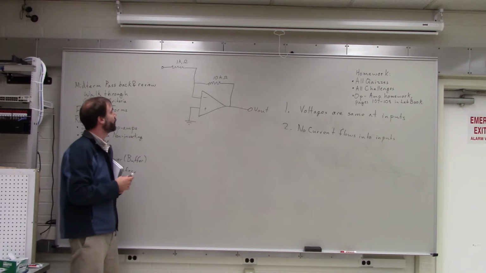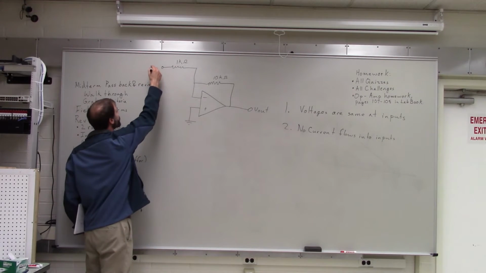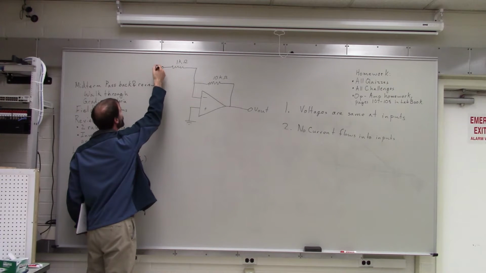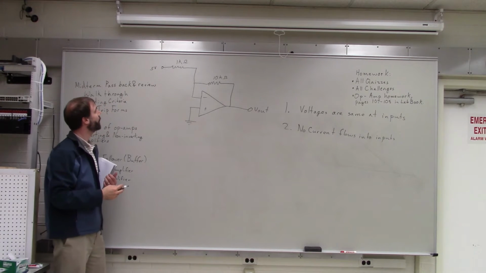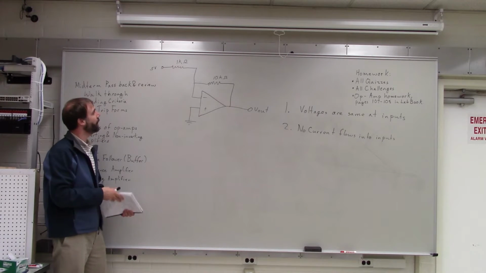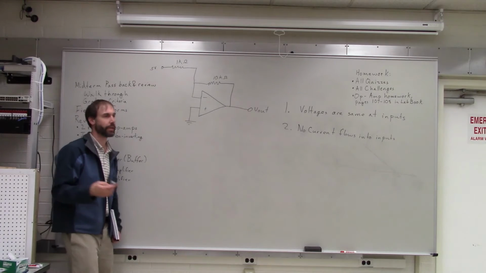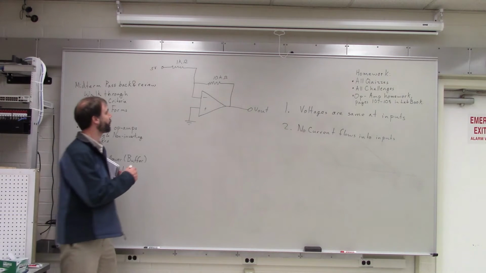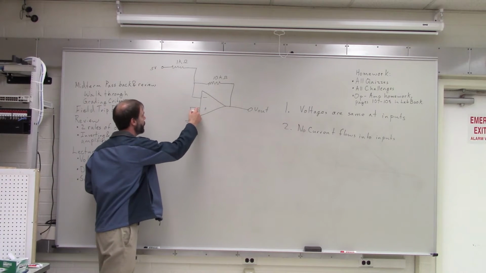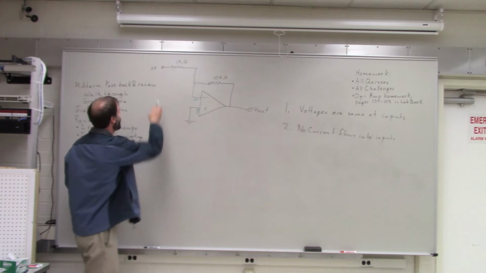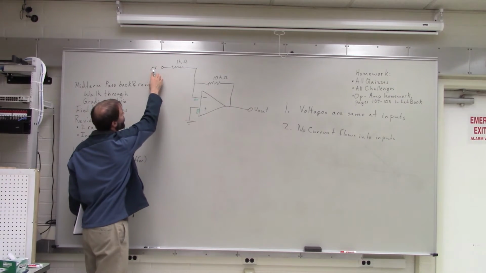Okay. Now say that we had, let's see, 0.5 volts right here. So we already talked about how inverting amplifiers work, right? We talked about this last time. We know that we have 0 volts here, so we have 0 volts at the inverting terminal. We've got half a volt on one side of the resistor.